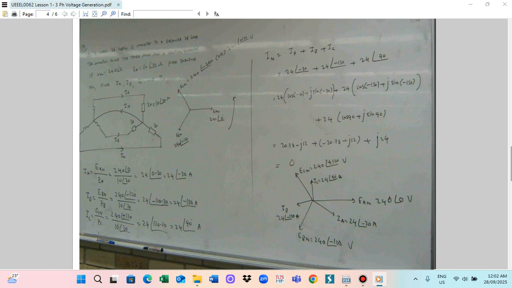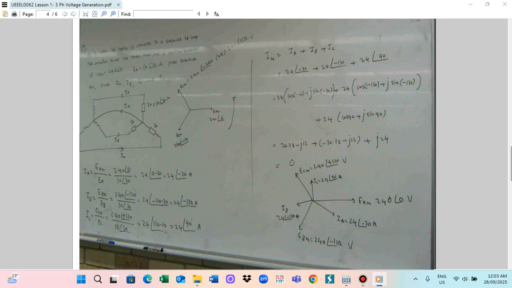Using a polar diagram, find the value of VAB 240 angle 0 and VBC 240 angle minus 120.